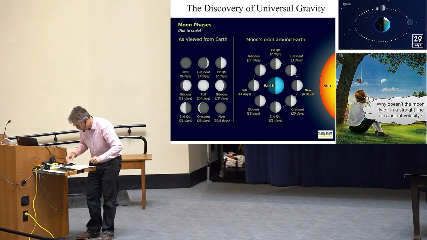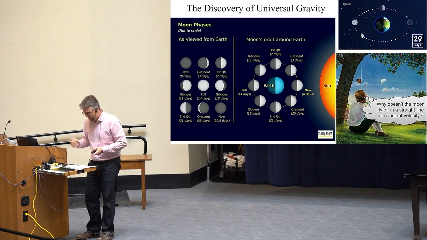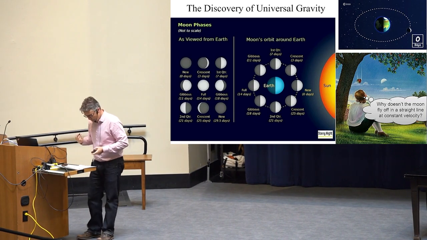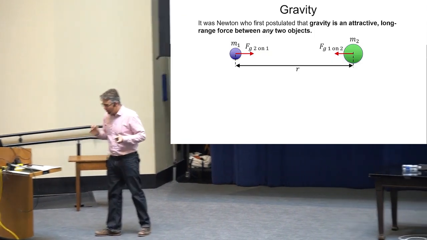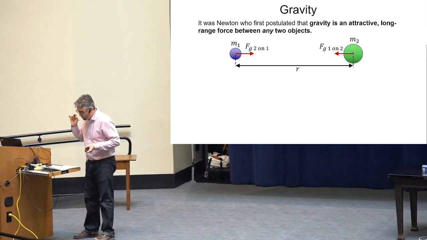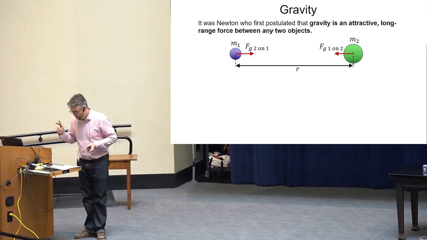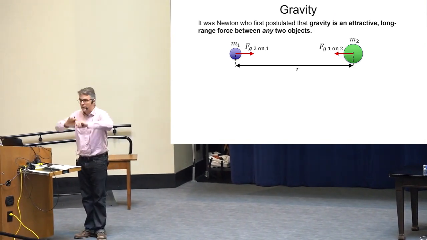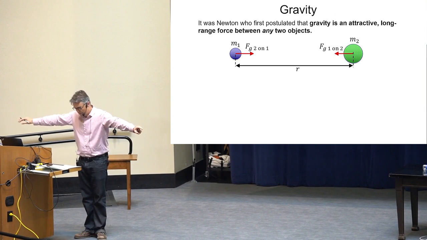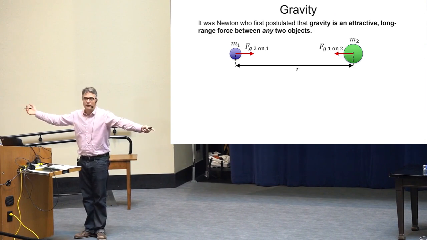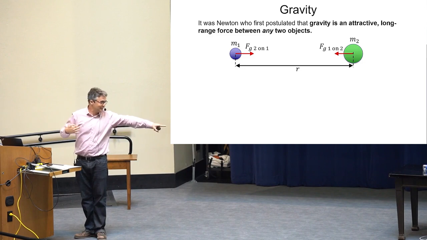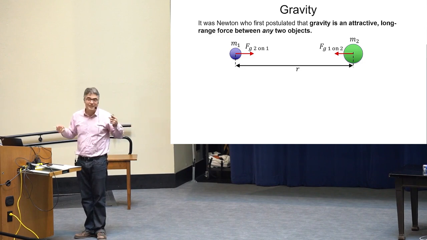And that's correct. So Newton came up with this universal theory of gravity, which is that gravity is an attractive, long-range force between any two objects. Meaning that right now I'm attracted to that table over there, and the table is attracted to me, but it's pretty small.